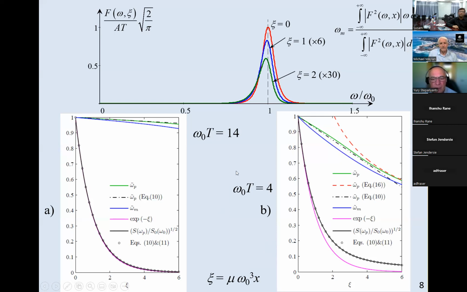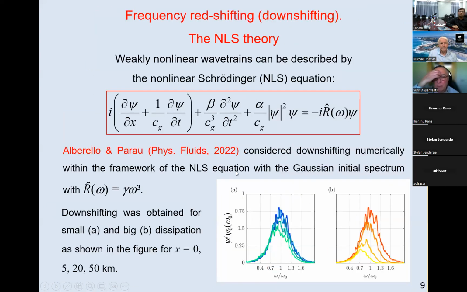within the linear theory. Now we can consider what happens if we take into account a finite amplitude of a wave. In this case, especially if we consider a narrow band initial perturbation, then the wave field can be described by the nonlinear Schrödinger equation.